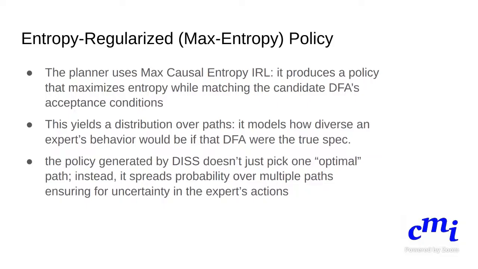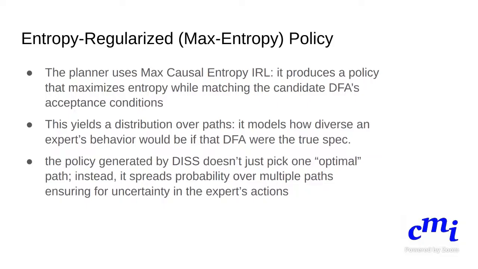It also assigns probability to paths that do not go through lava, and it will be a distinct, varied probability. The reason I'm emphasizing this is that it's not a deterministic policy: given a DFA, it does not assign 100% probability to one single path.